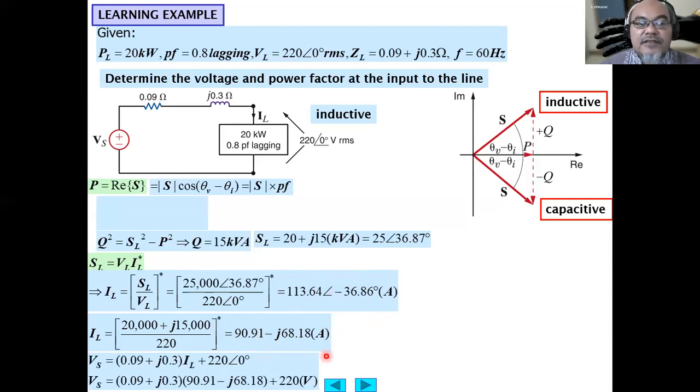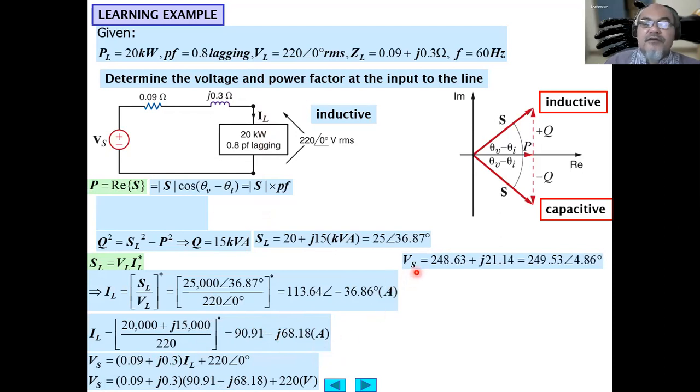Then the voltage at the source will equal the transmission line impedance, 0.09 plus j0.3 ohm, times the IL here, plus the voltage at the load, which is 220 with a phase angle of 0. So this impedance of the transmission line multiplied by the current IL, plus 220 volt.